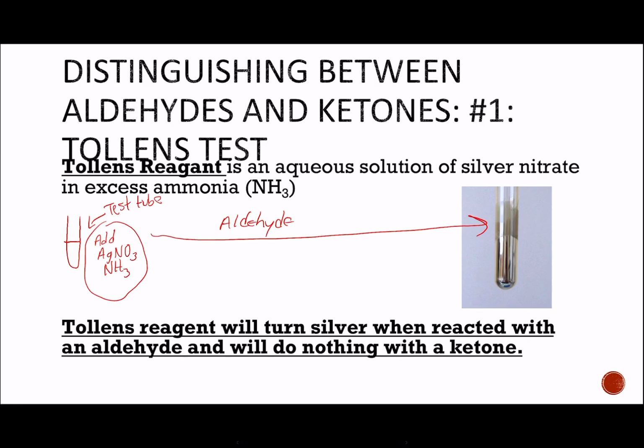If I get a silver mirror, then I have an aldehyde. If I have something that turns orange because of the reaction with 2,4-DNPH, but then when I add Tollens' reagent in a separate test tube I see that it does nothing, meaning that it stays colorless, then it is a ketone.